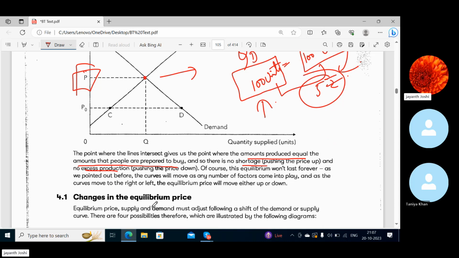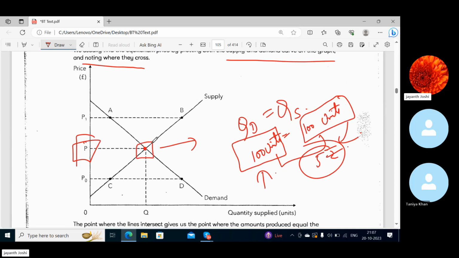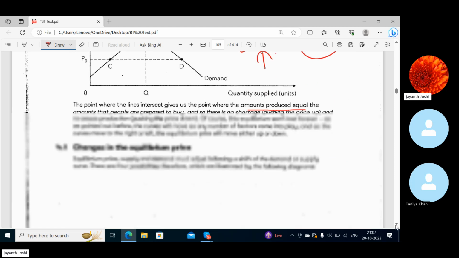Of course, this equilibrium won't last forever. As we pointed out before, the curves will move as any number of factors come into play. And as the curves move to the right or left, the equilibrium price will move either up or down. This equilibrium is not going to continue forever.